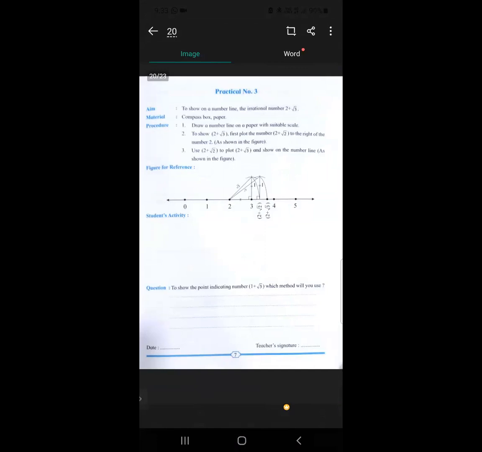Now, after completing page number 6, on page number 7 there is practical number 3.